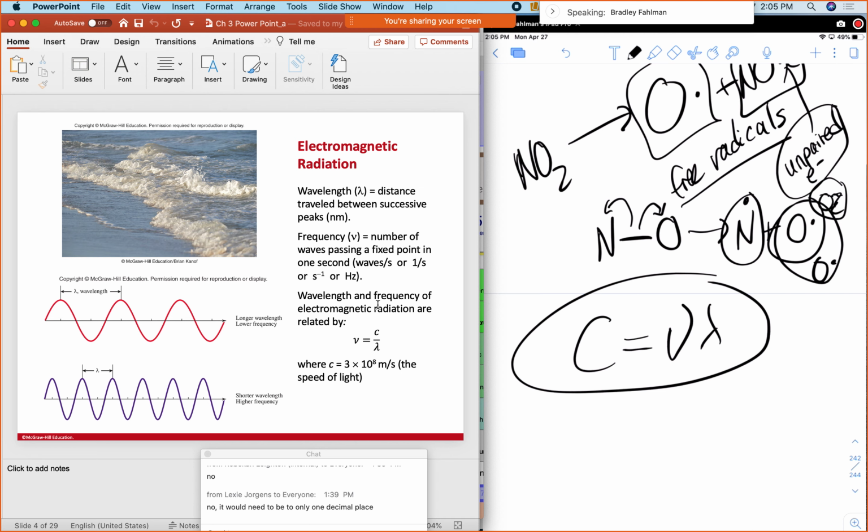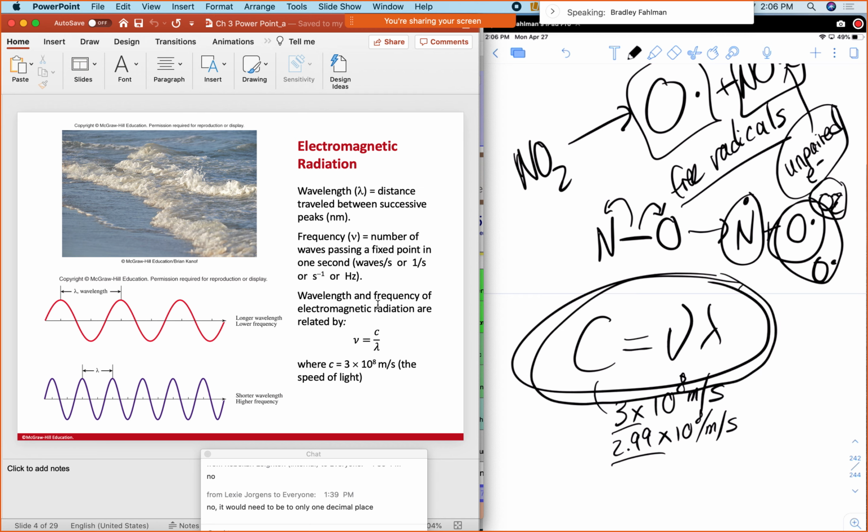As well as this. If you put either one, you're going to get the right answer. So it could be that or that. Even if you abbreviate it as 3 times 10 to the 8th, it's cool. With this equation, you can convert. If I give you wavelength, then you can calculate frequency, right? Or vice versa.